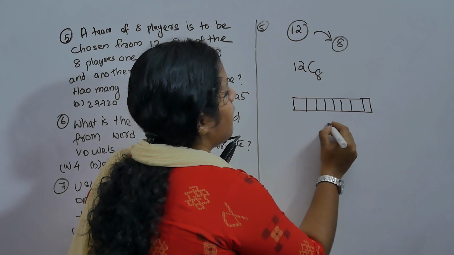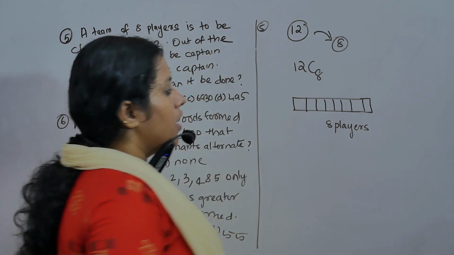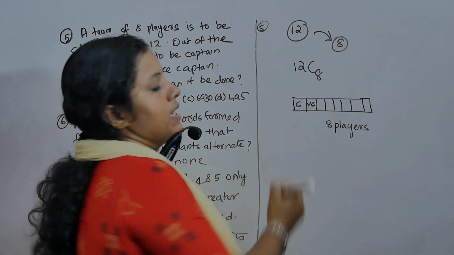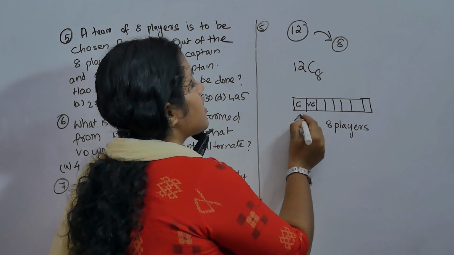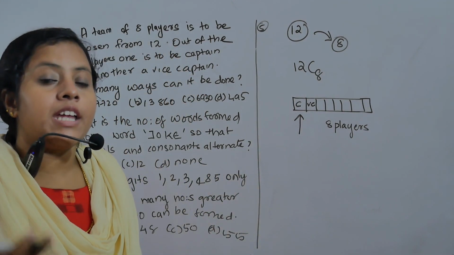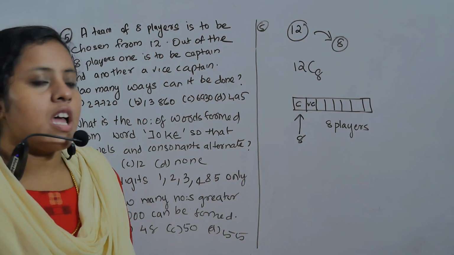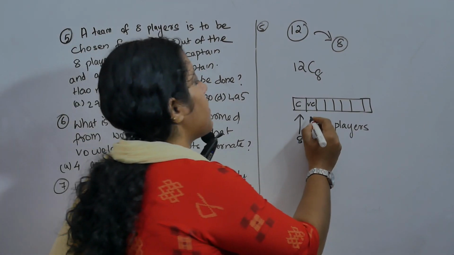We have 8 players. Okay, one is captain and the other one is vice captain. So out of 8, anyone can be seated here as captain, and out of remaining 7, anyone can be vice captain.